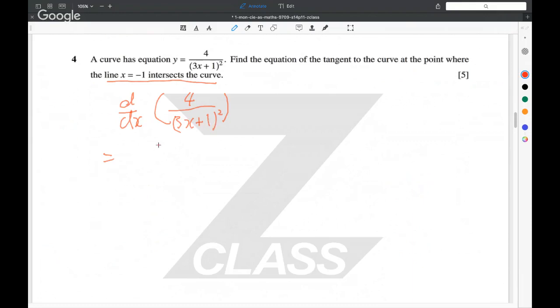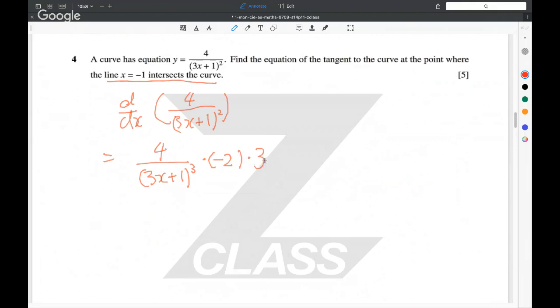It will be 4 over 3x plus 1 to the power of 3, and times the coefficient of minus 2, and times the coefficient of 3.